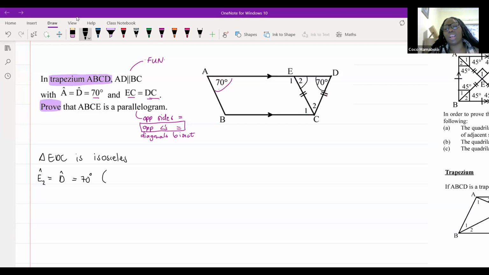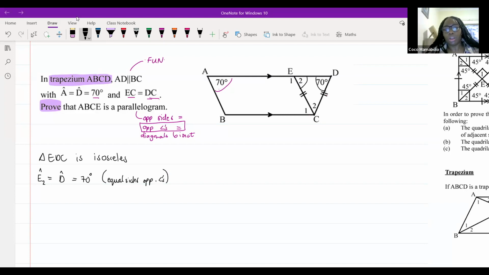And remember, we can't just say isosceles triangle, or they keep changing it. The last time I was teaching this, we were not allowed to say isosceles triangle. You have to say equal sides, opposite angles. That means that if there are 2 equal sides, then the angles opposite each other are also equal.